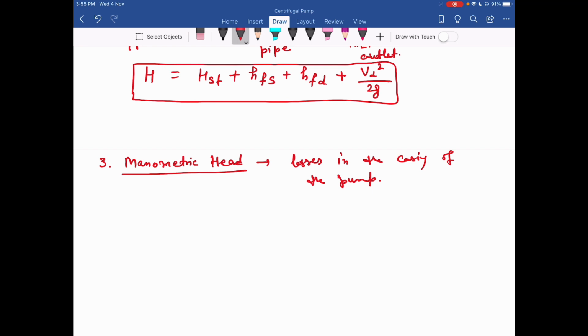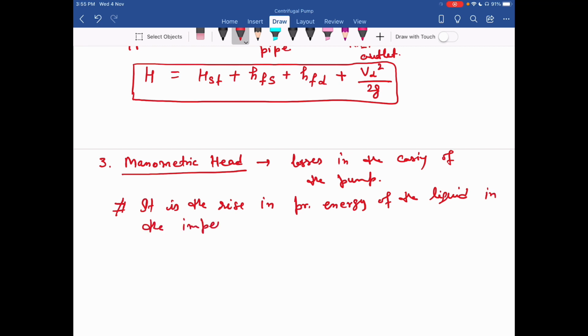So it is the rise in pressure energy of the liquid in the impeller of the pump. So that is my manometric head.